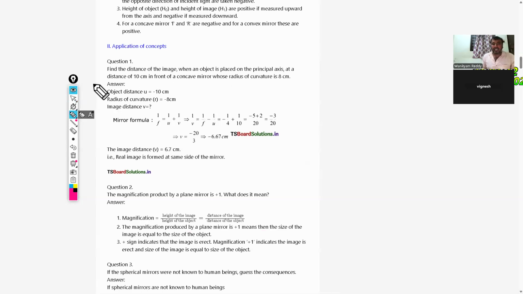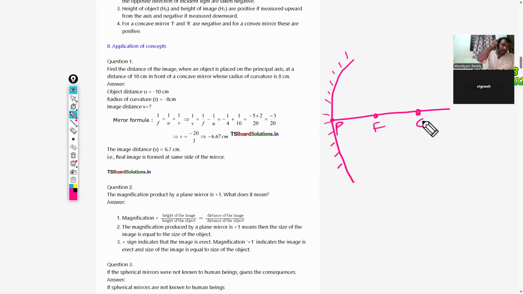Now see, this is the concave mirror. This is the pole, focal point, center of curvature. Object is placed on the principal axis at a distance of 10 centimeter in front of the concave mirror.